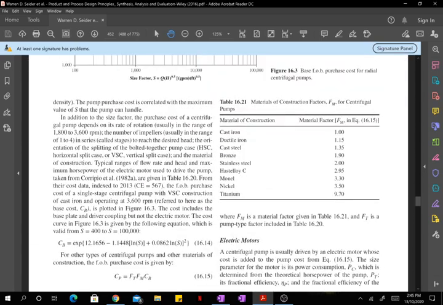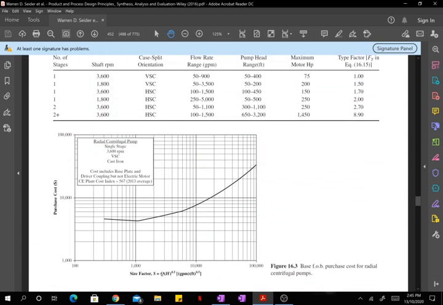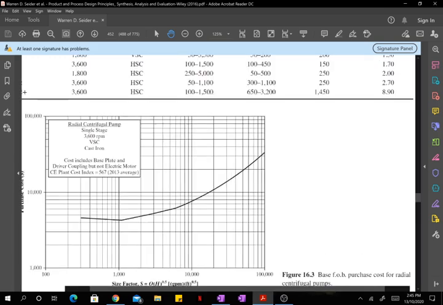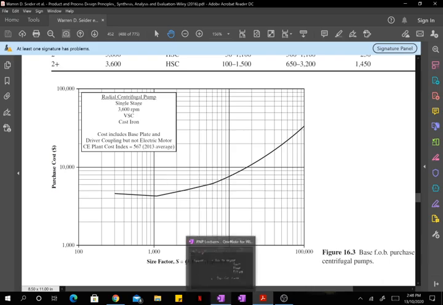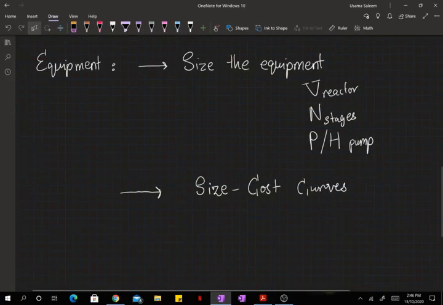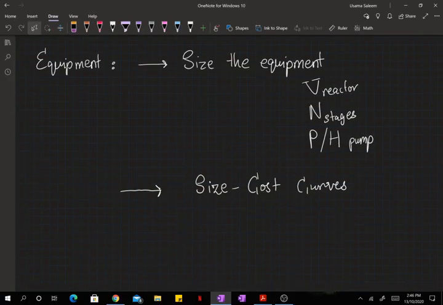All right, and similarly, you can have all sorts of size factors. For example, for this radial centrifugal pump, the most common type of pump, they're using the flow rate multiplied by the square root of the head required, and based off this parameter, they're going to read off the cost of that particular pump. So that's one way of determining your equipment cost.